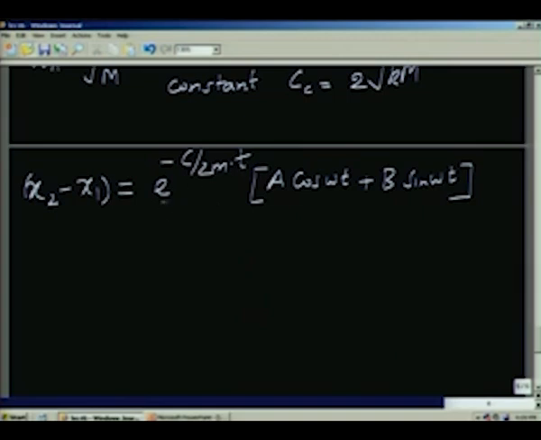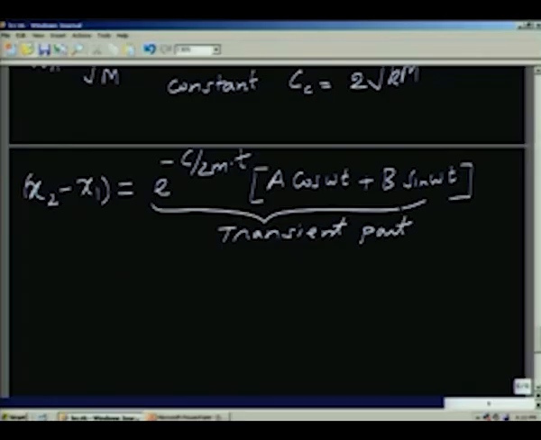As t increases, this is going to become smaller and smaller, and this is actually the transient part, which will go to 0 for long time. So, this is not of interest to us. We are not interested in that.